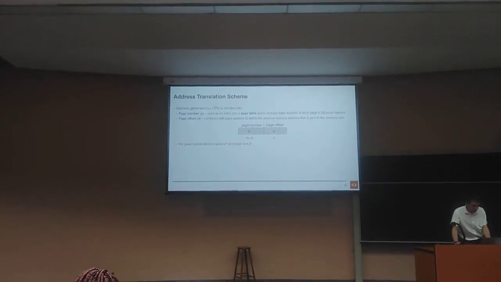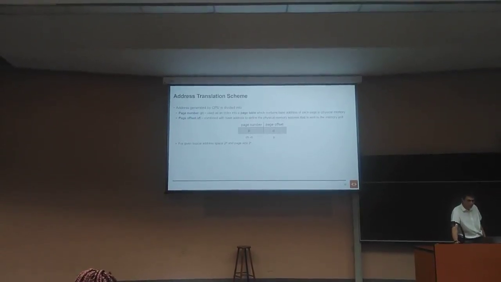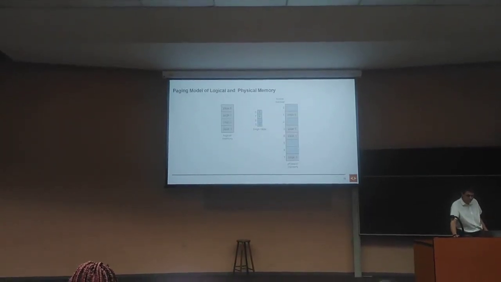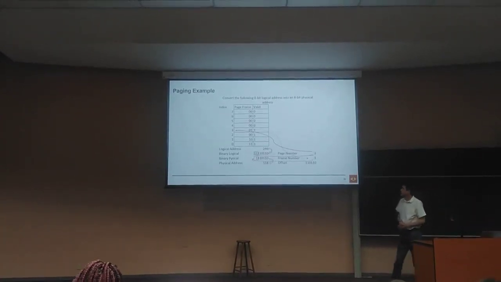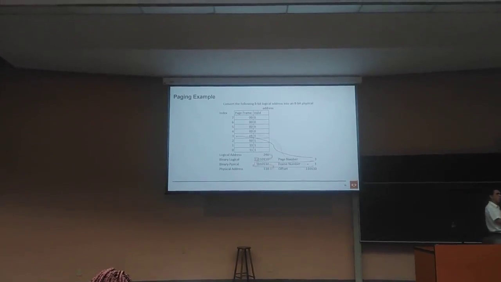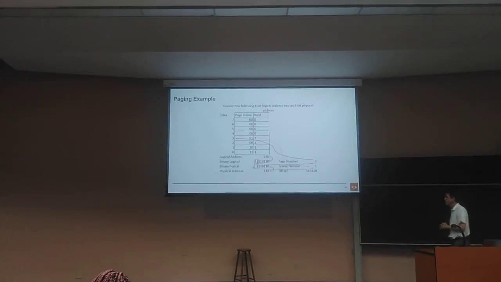Then we demonstrated how to translate between logical and physical addresses. And really, it's effectively this principle. Just remember that the page table doesn't have to go from top to bottom. We can also represent the page table from left to right, just so that we can get a bit more space in our question paper.